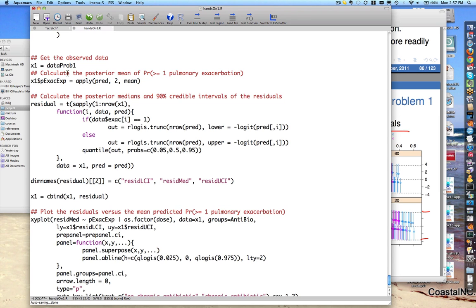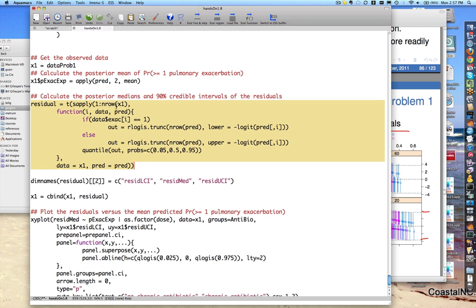Then we go through a process similar to what we did before. In fact, the first few lines are identical to what we did before here, where I get the observed data and calculate the means of the posterior probabilities for exacerbation. And then the residuals get calculated in this mess here.